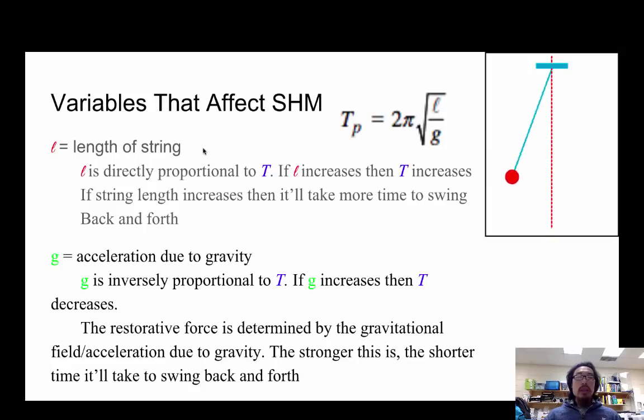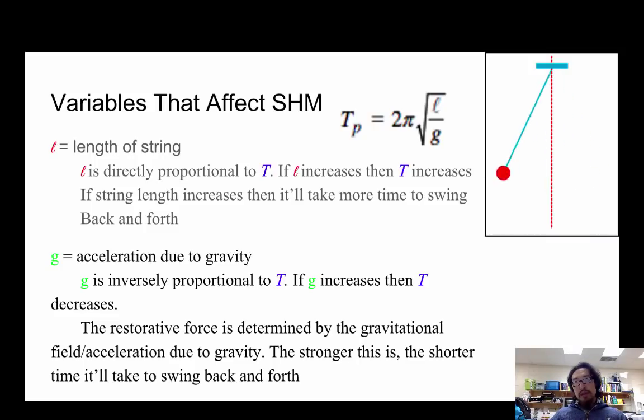L is the length of the string. L is also directly proportional to T, of course with a square root proportionality. So if L increases, then the period has to increase. What that means for us is that if the string length increases or decreases, then the period will follow suit.